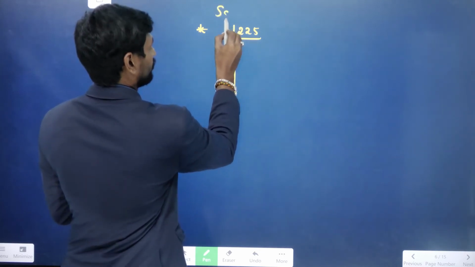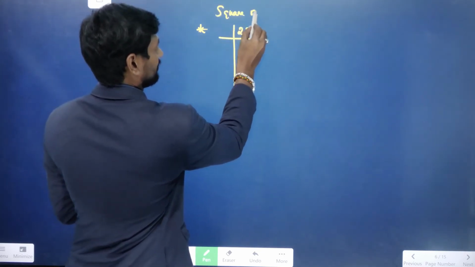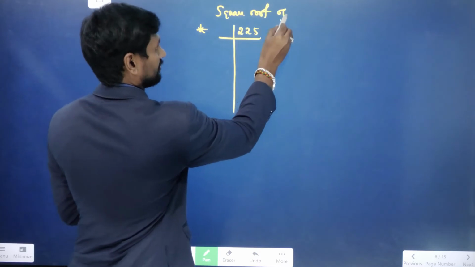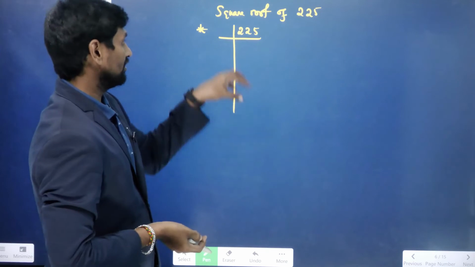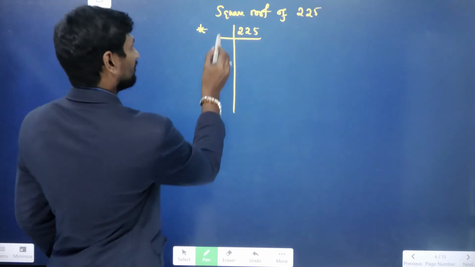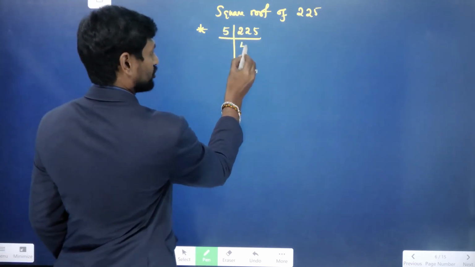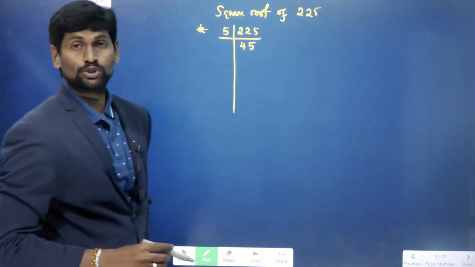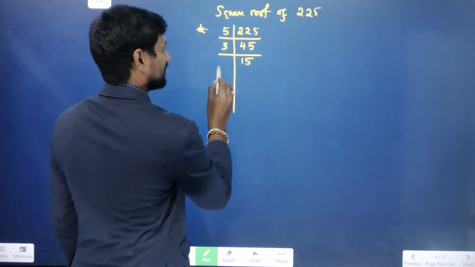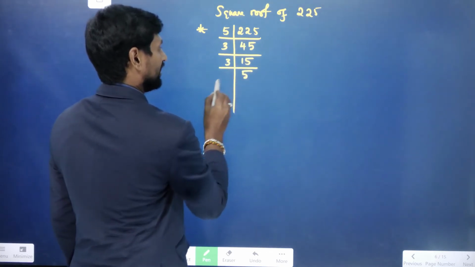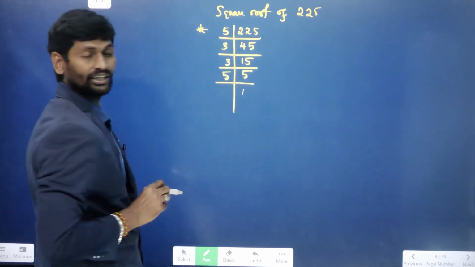What is the square root of 225? I am using the prime factor method. 5 table, 5 5s 25. Here 3 table 15 times, 3 table 5 times, 5 table 1 time.